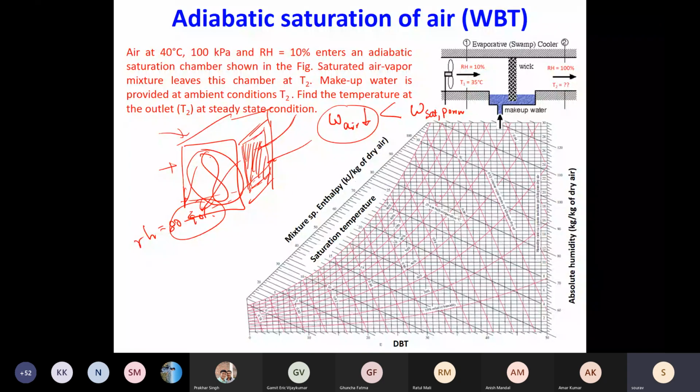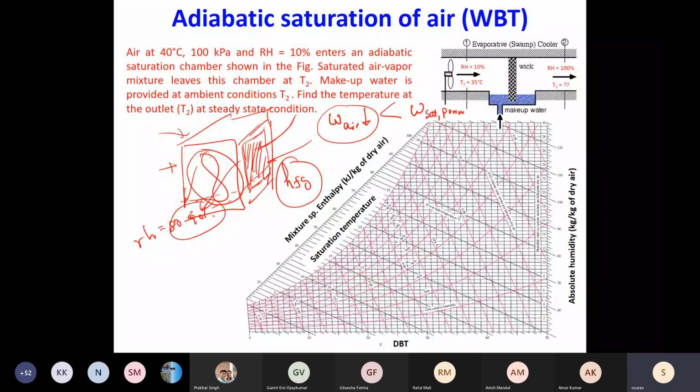As air picks up moisture, there is evaporation happening. And now evaporation is associated with some enthalpy change, isn't it? So liquid water, which is being sprinkled onto this porous media, is getting converted into water vapor. So there is h_fg. Phase change, associated with that phase change, you will have a huge amount of enthalpy change.